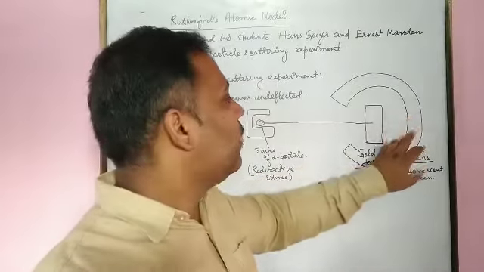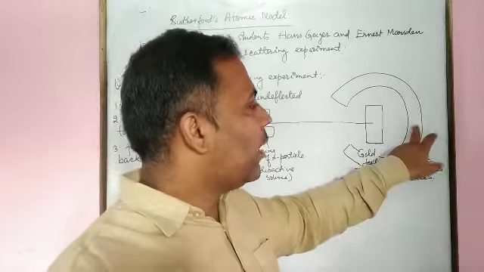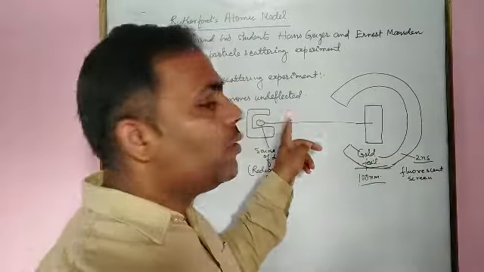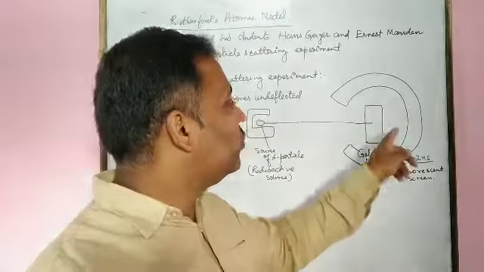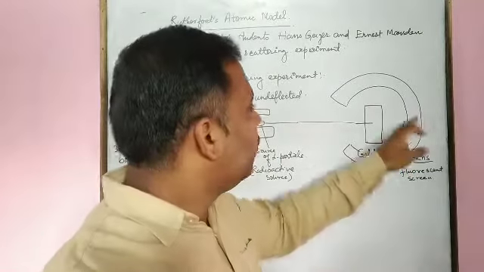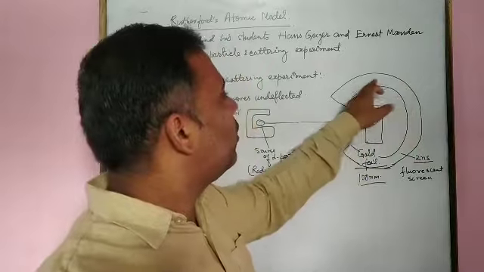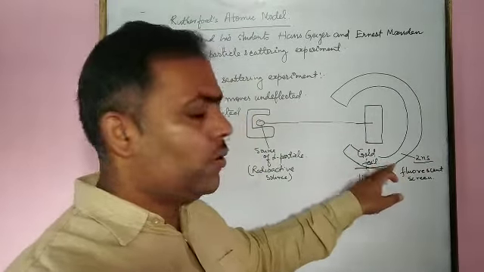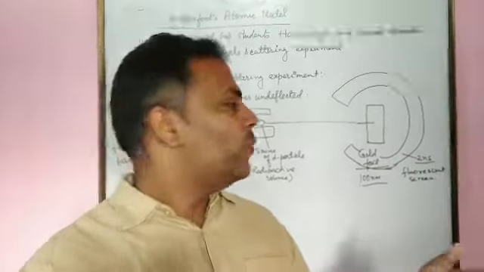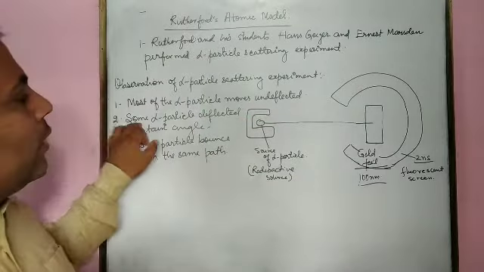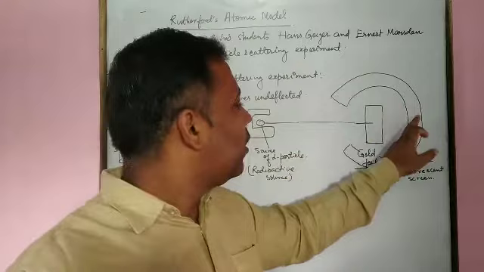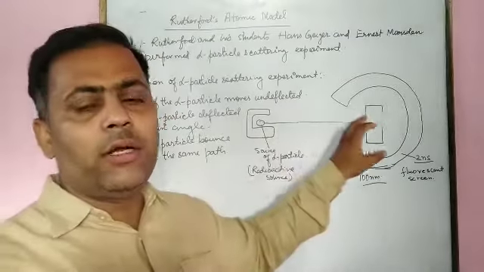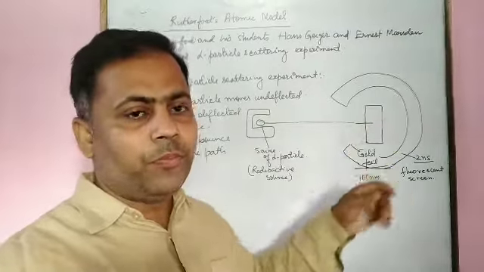When they move undeflected, they are here and the bright spots are produced here, which indicates that most of the alpha particles move undeflected. Few of the alpha particles are found here and here. Some alpha particles are found here and here. It means they are deflected to certain angles.